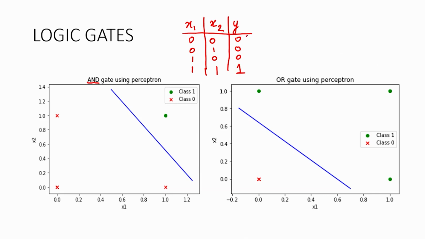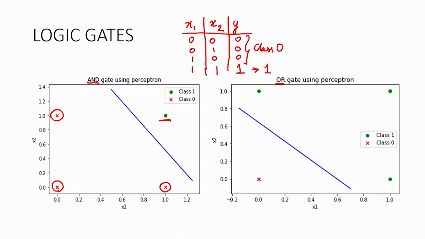So, we consider all these three inputs as class 0 and this as class 1. So, we have plotted the points here. We see that at 0 0 it is class 0, at 0 1 it is class 0, at 1 0 it is class 0 and at 1 1 it belongs to class 1. We see that the Perceptron algorithm is able to find a hyperplane that can linearly separate or identify these two classes.